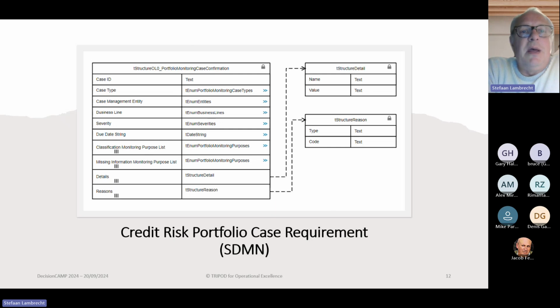So I just took a DMN model and I just extracted the output section of the case handling, just to demonstrate here that SDMN will certainly also have a lot of added value compared to not having SDMN as a model. And also, it will probably also in the future play a role in the facilitation of the orchestration between decision models and process or case models.